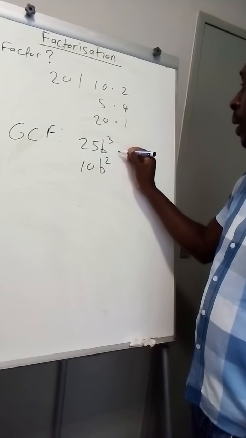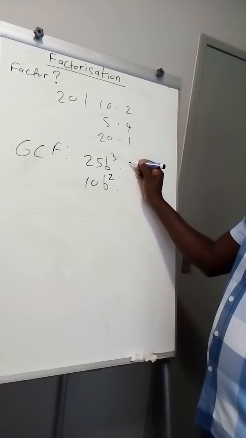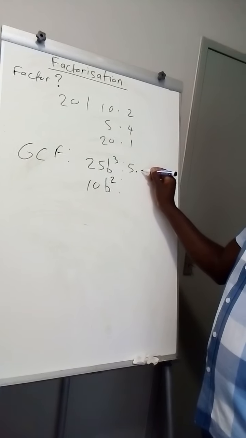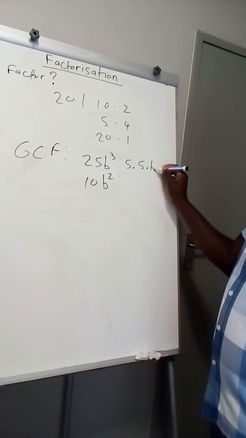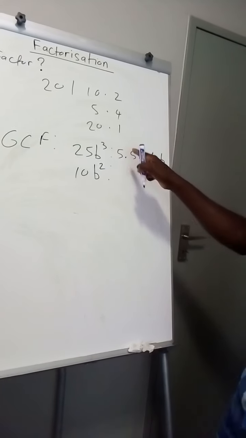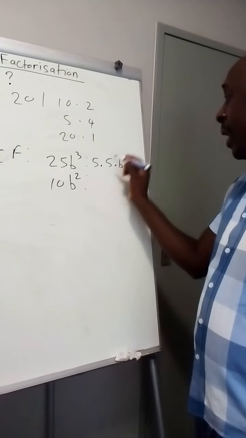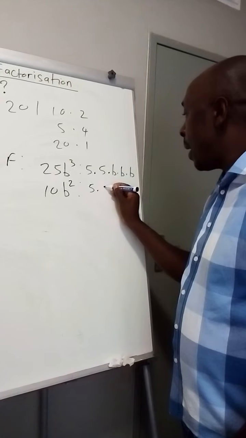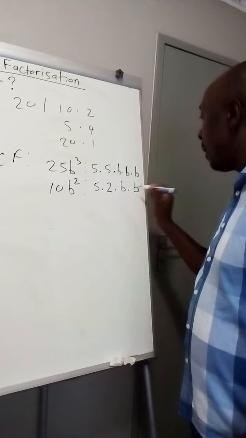For 25b cubed, we have factors 5 multiplied by 5 multiplied by b multiplied by b multiplied by b. Then for 10b squared, the factors are 5 multiplied by 2 multiplied by b multiplied by b.